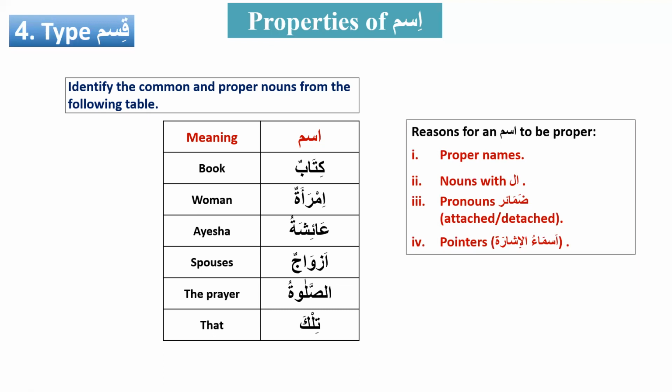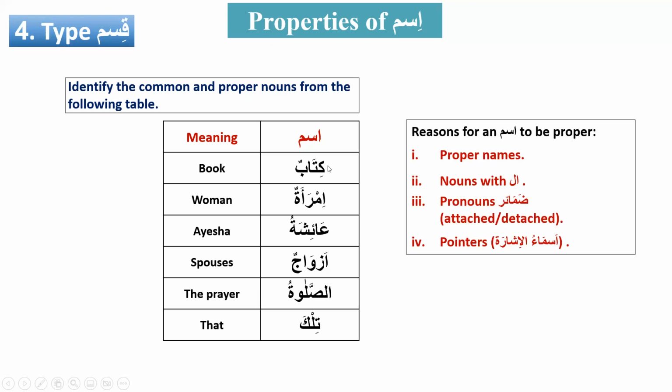You look at the word, for example, the first word is kitabun, and you want to determine if this is a proper noun or a common noun. So you look for the first thing. Is it a name? Is it a proper name of a person or a place? It is not. Does it have an al at the beginning? It does not. Is it a pronoun, attached or detached?